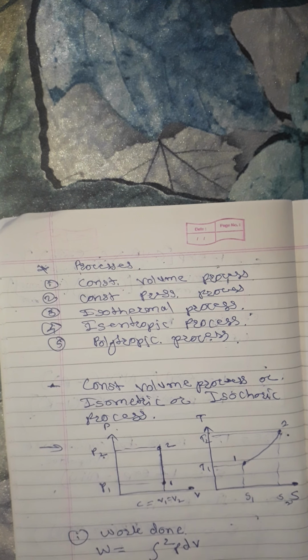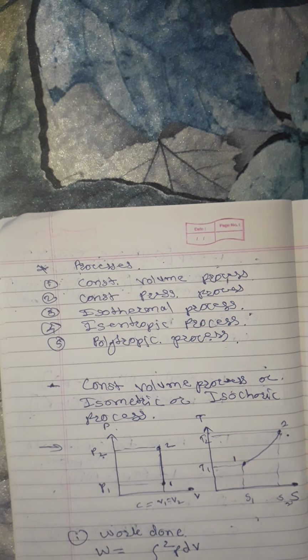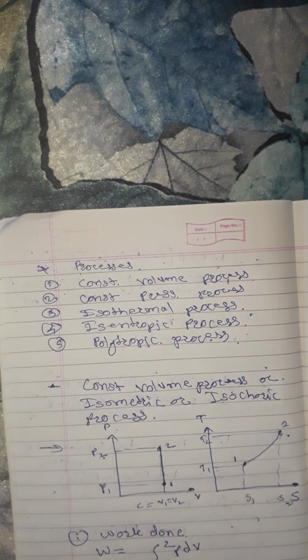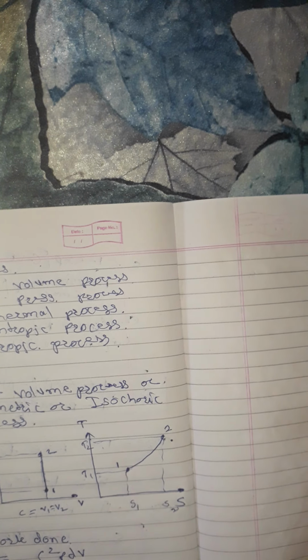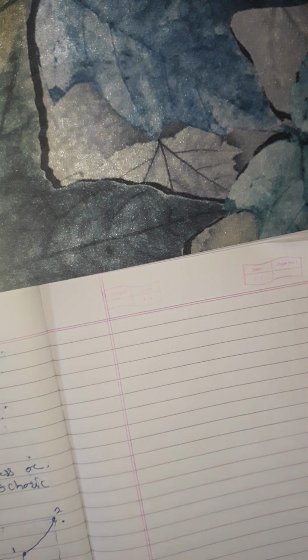This is heat transfer in the constant volume process, right? The value of delta U is already discussed in the last lecture, m Cv (T2 minus T1), right? So this is the formula for heat transfer.